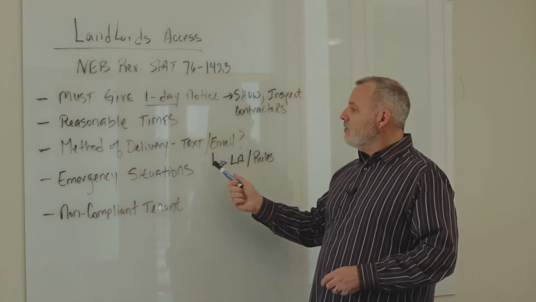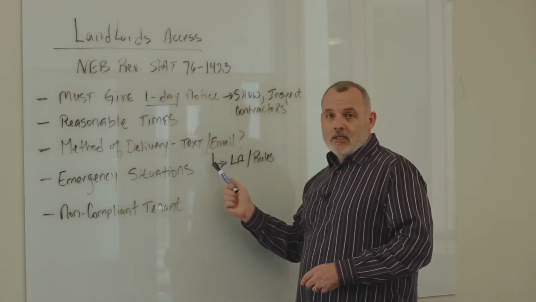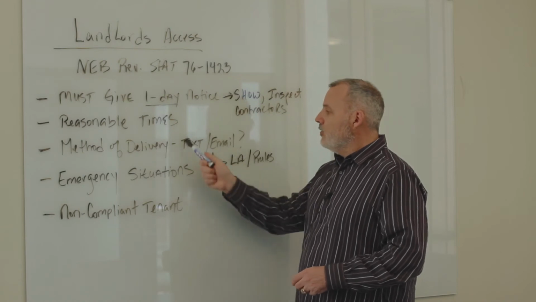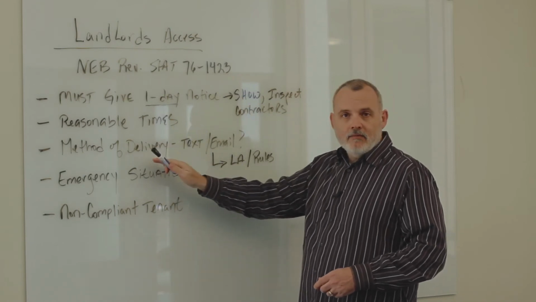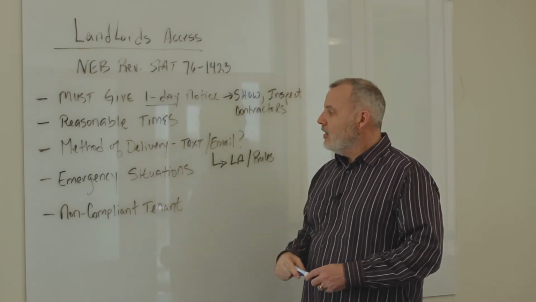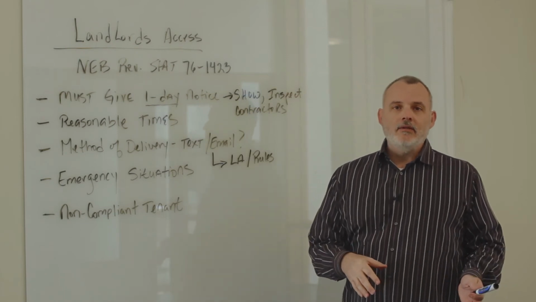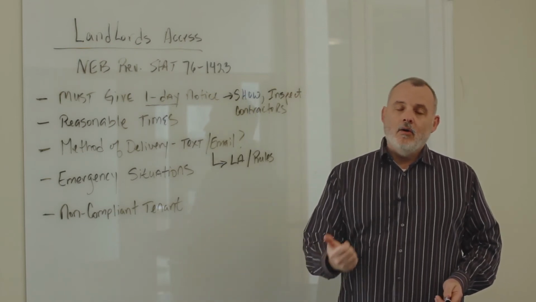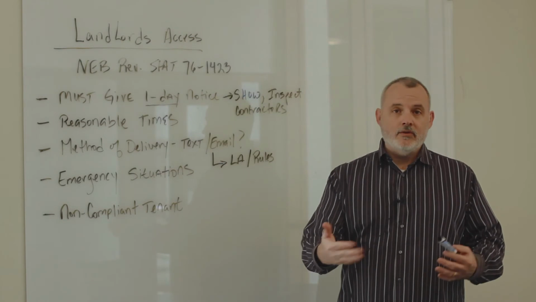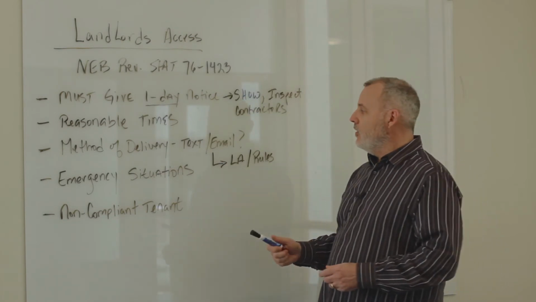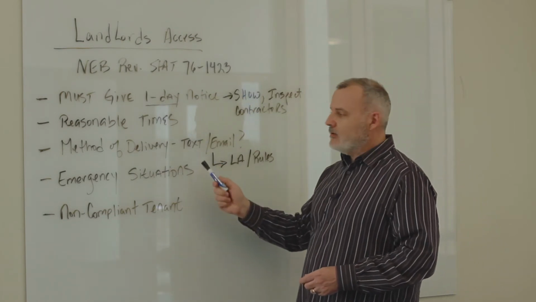So again, if you don't have anything in your lease agreement or your community rules indicating the method of delivery for these notices, then you have to default back to the statute that says hand delivery or through the first class mail, United States Postal Service. So we want to make it as efficient as possible.